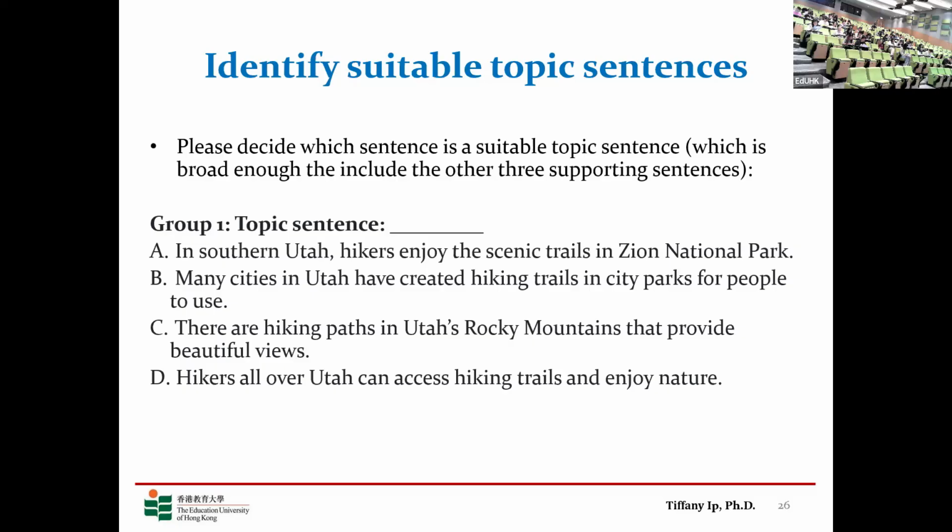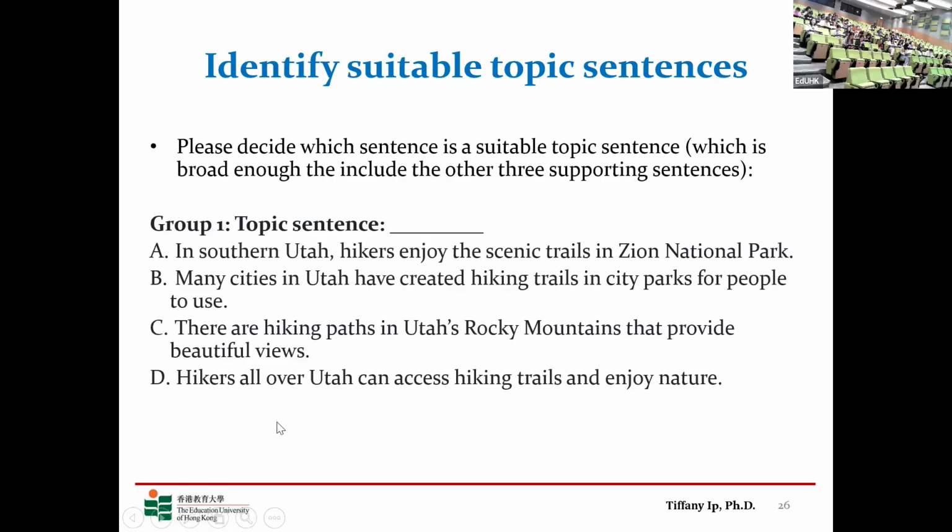Okay, so have you finished the 5 groups? That's good. And let's check the answers. For group 1, what is your answer? D. Okay, yes. Most of you actually got it as D. Some of you may think B is the answer. Actually, B is part of D. You can see that B mentions hiking trails, right?